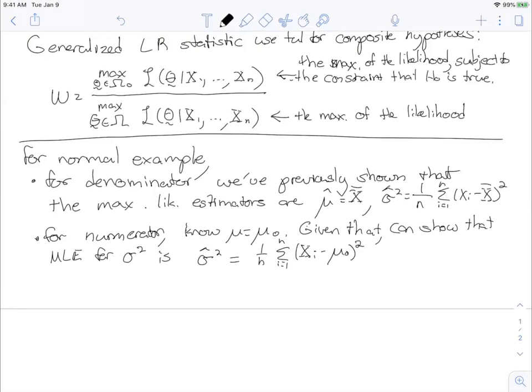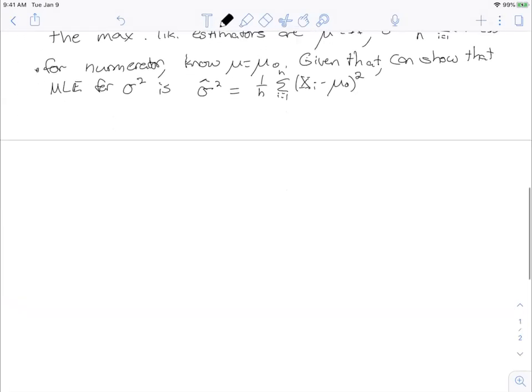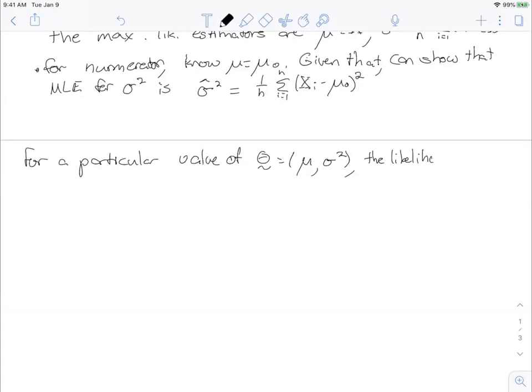Before we quite do that, I want to first just figure out what the likelihood function looks like for this normal distribution so that we know what we're evaluating. So for a particular value of the parameter, so the particular value of theta, which means a particular value of mu and sigma squared, the likelihood looks like this. I want the likelihood of theta given x1 through xn.